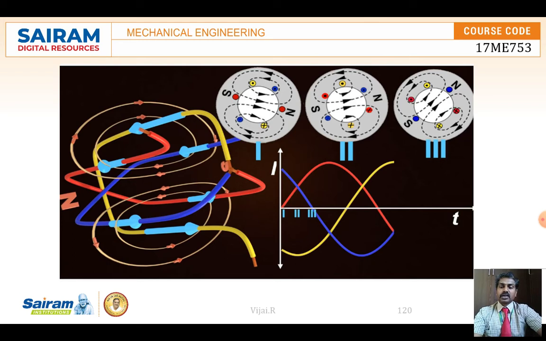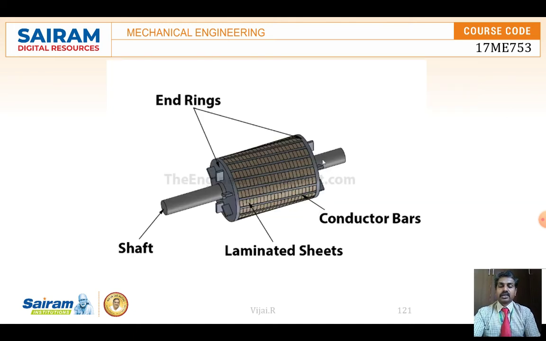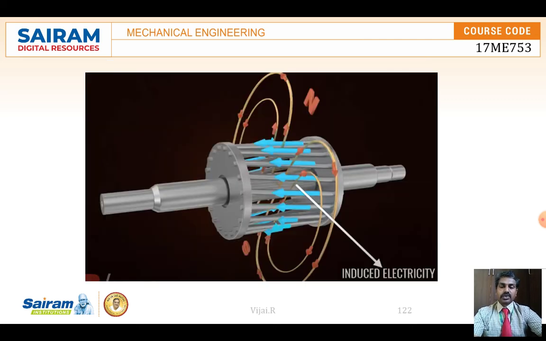When the current is supplied, there is a push and pull, that is the magnetic field created, and it pushes the current-carrying conductor. As we already said, when we keep a conductor inside the current-carrying coils, obviously it is going to be rotated because of the EMF and the magnetic field produced over there.